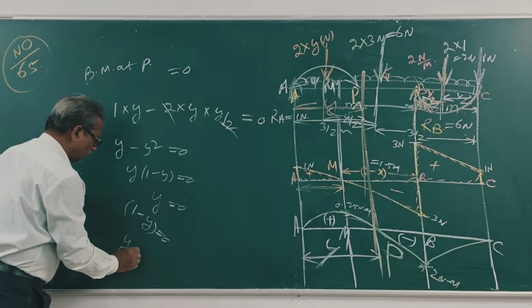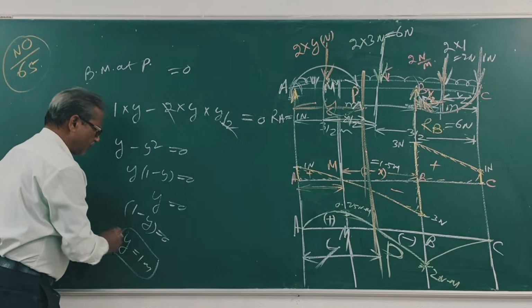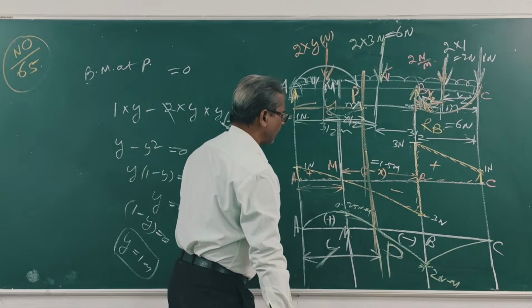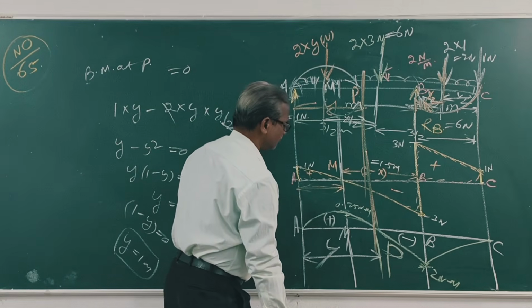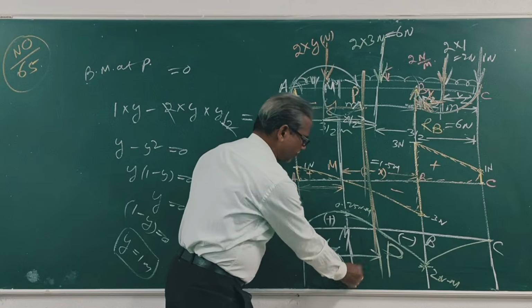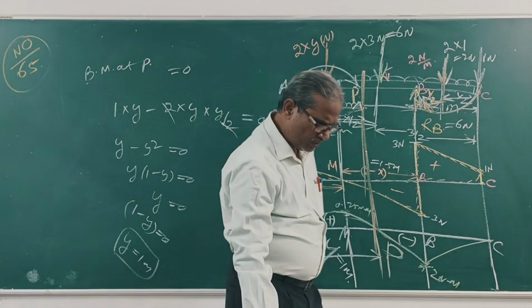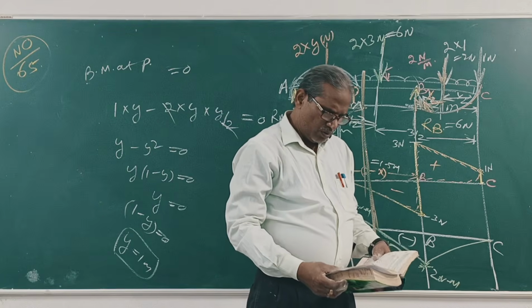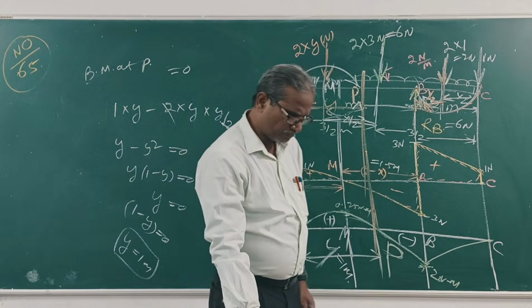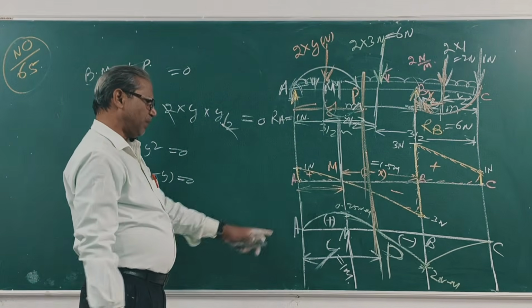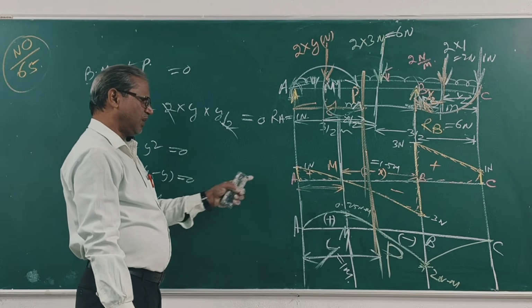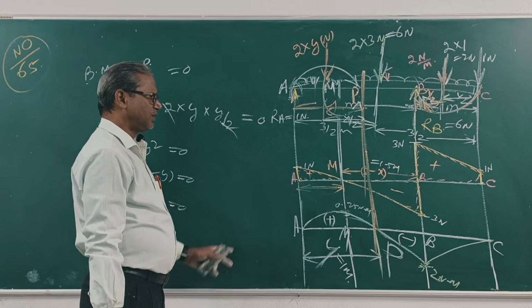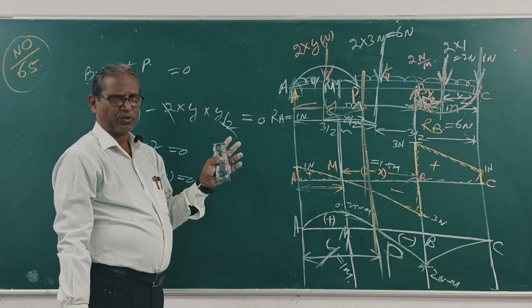So y is 1 meter. Right? Now at this point P, bending moment is 0. This point P is 1 meter from A. Clear?